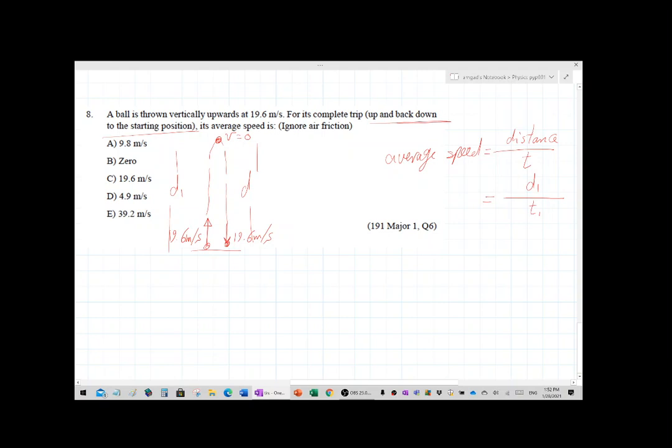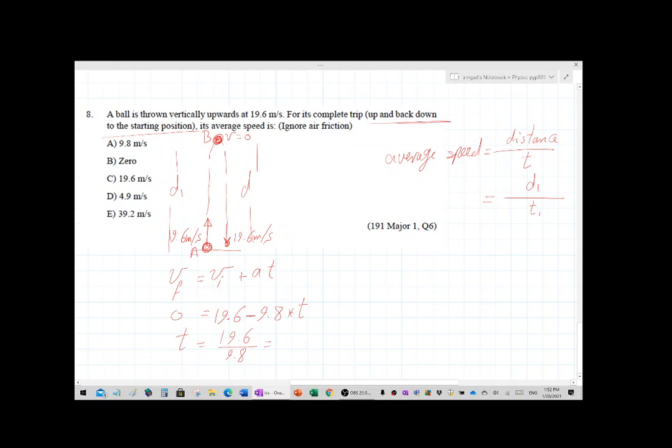So we need to get the distance and the time. From the first equation, v final equals v initial plus at. I know v final, let's say from A to B. V final is 0, v initial is 19.6, and of course it goes up, so the same as what we said before, minus 9.8 t. So the time here is 19.6 divided by 9.8.